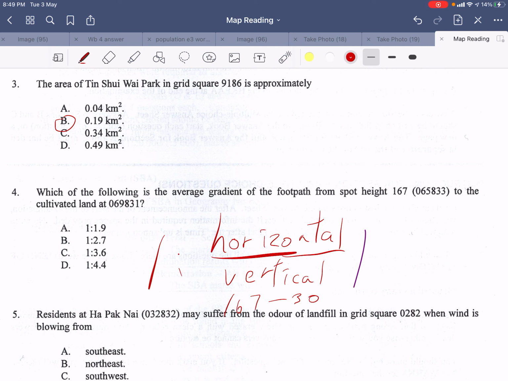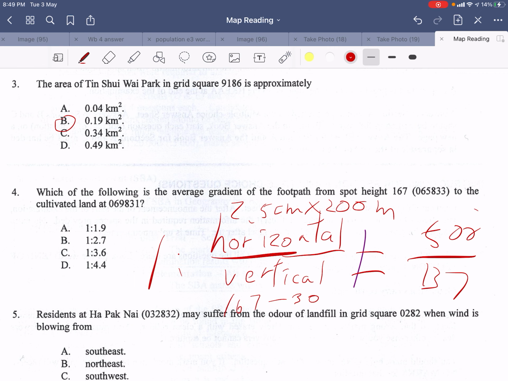And then what about horizontal? The horizontal I have measured is around 2.5 cm times 200 m. So accordingly, it should be 500 over 137 for here. So what should be the answer? If you calculate, it should be 3.6 for here. Then it should be C.